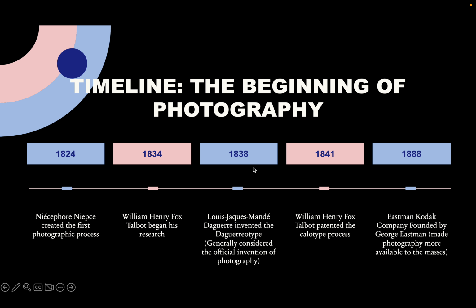Then in 1838, he worked with Louis Jacques Mondé Daguerre and invented the daguerreotype. So Daguerre built on Niepce's research. They actually did know each other. At the same time that Daguerre and Niepce were working, William Henry Fox Talbot began his research in 1834.